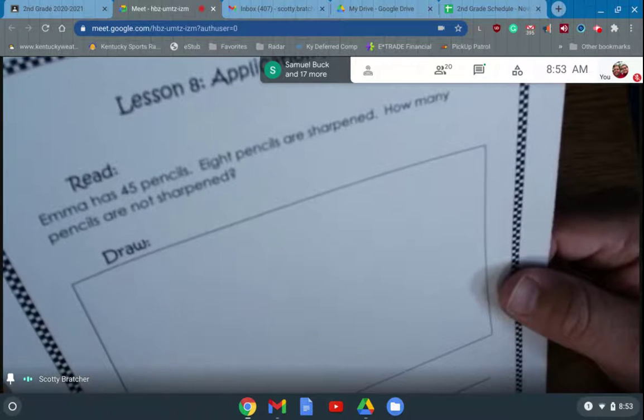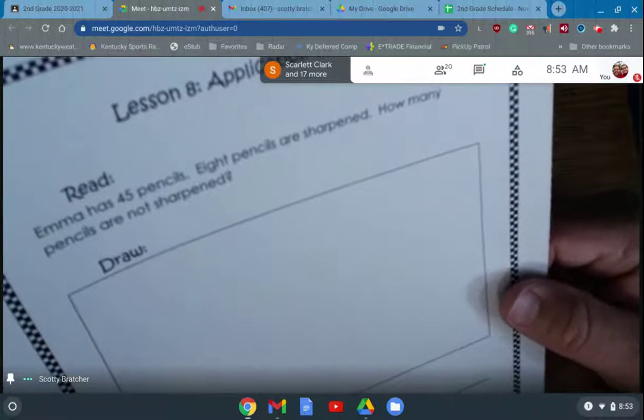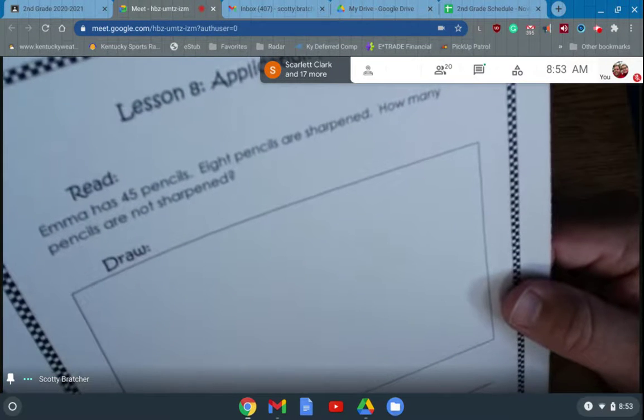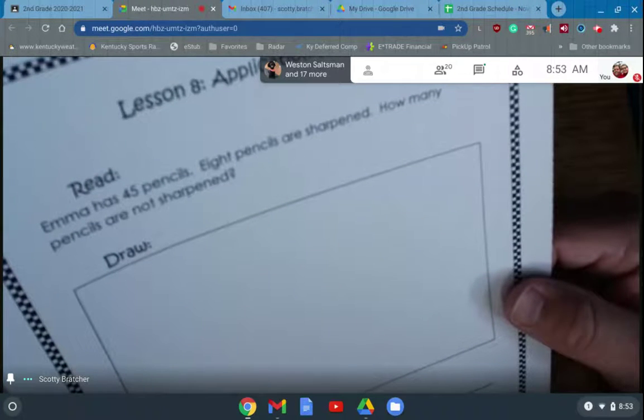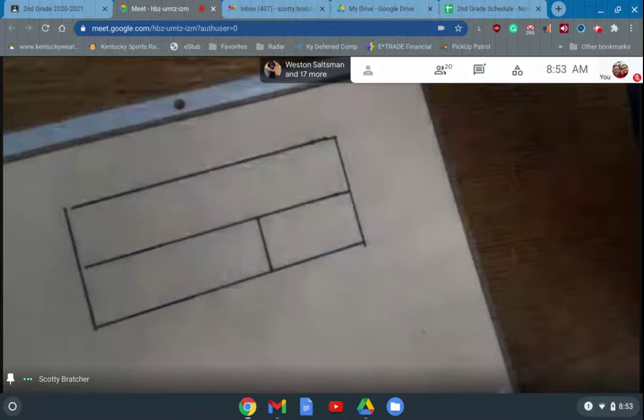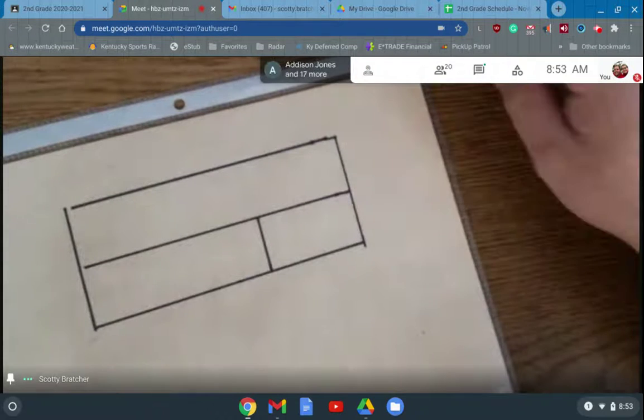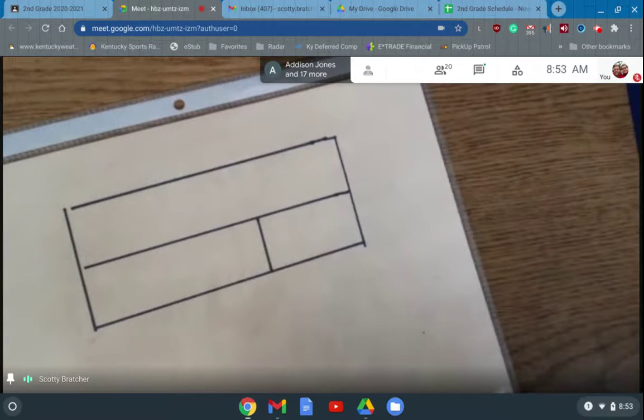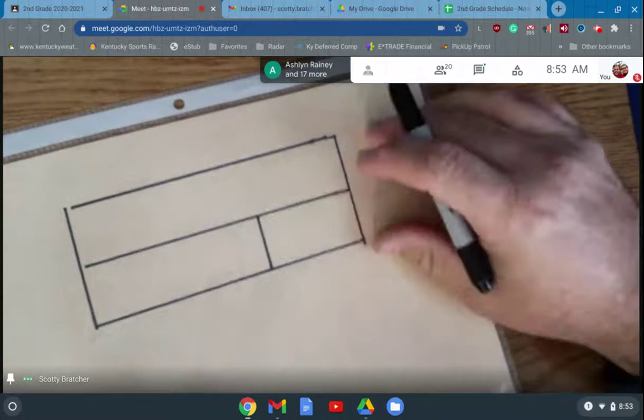I only see one person with their hand up. Austin. 45. She started with 45, and that's the total. It doesn't say that she gave any away. It doesn't say that she got any more.